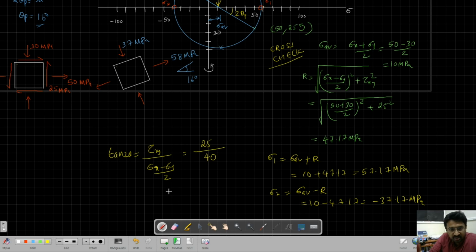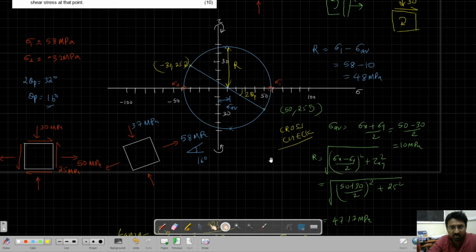This gives me 2 theta approximately equal to 32 point something. So it is approximately coming as correct, 16 degree approximately. I am not calculating the other, but it will also come. I have checked this. So this is the answer.